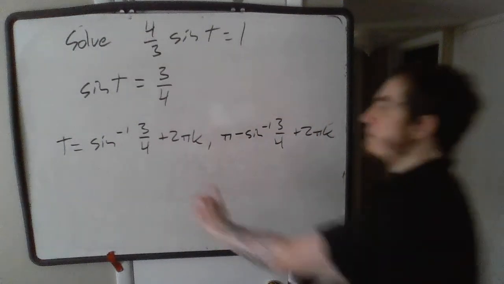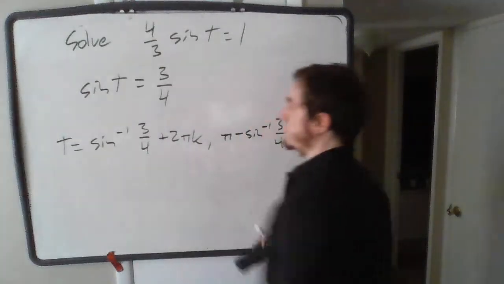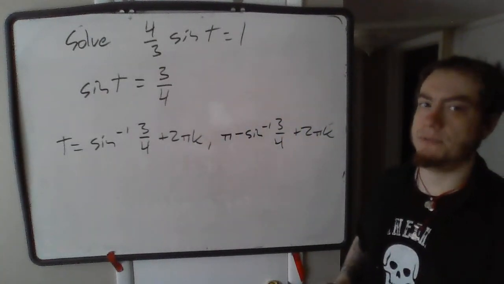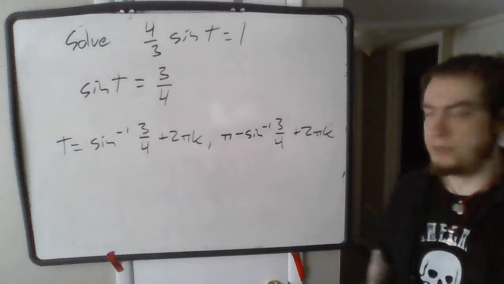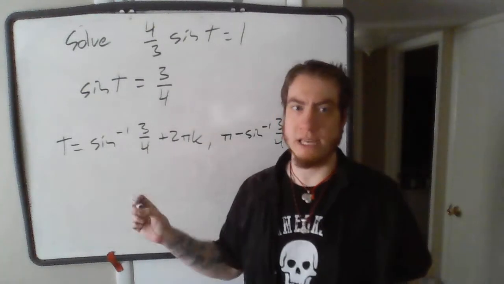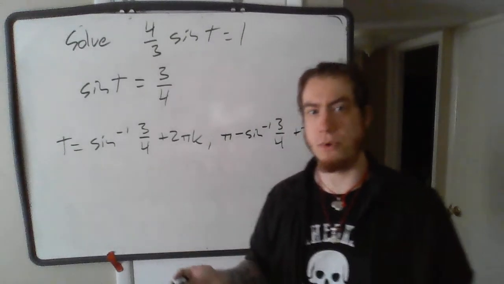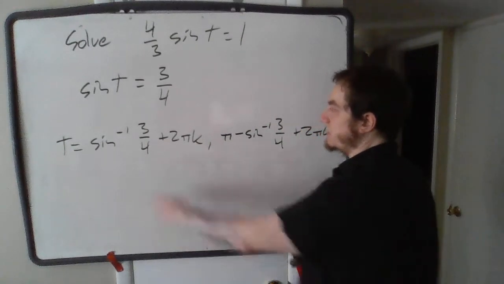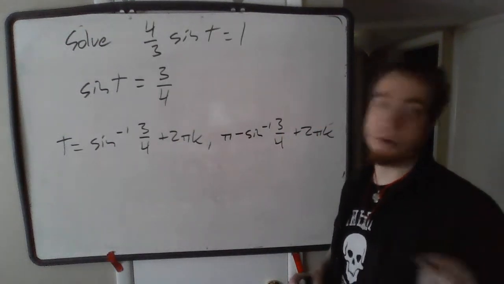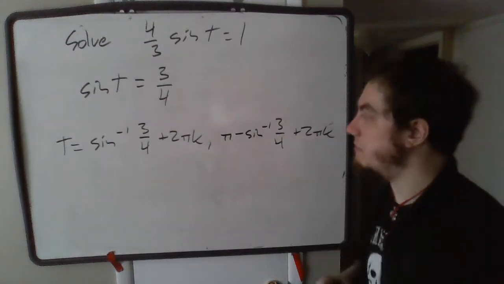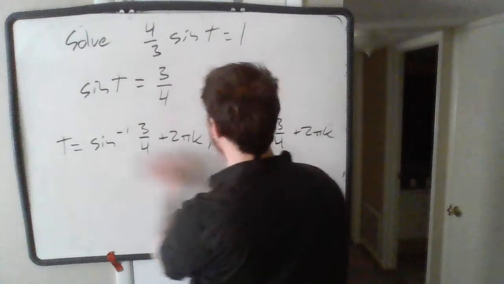Now notice I have to write this as just sine inverse of 3/4 because I don't know what sine inverse of 3/4 is in radians or degrees. We don't know the exact value for that angle. If you threw this into a calculator, you could get a decimal approximation, and if all you're looking for is a decimal approximation, that's fine. But sometimes you want to write it down exactly.